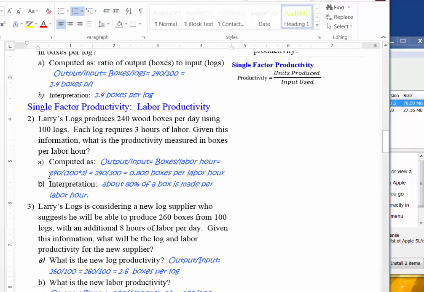So we've got 240 divided by 100 times 3, because each log requires 3 hours of labor. So we have 240 divided by 300, which is 0.8. That means we produce 0.8 boxes per labor hour. The interpretation is basically that we have about 80% of a box produced for each labor hour.